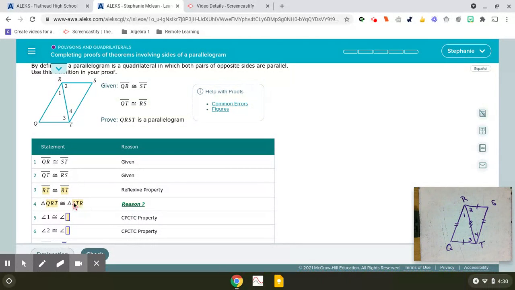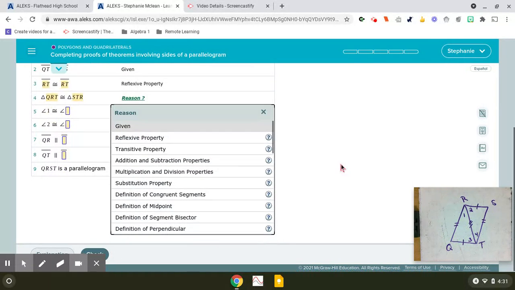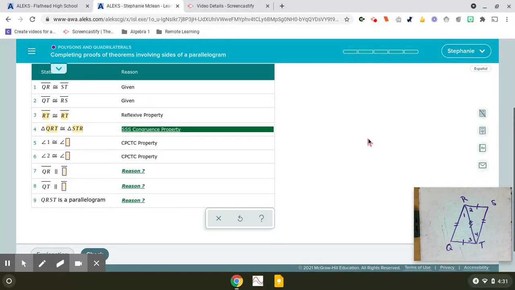You have to make sure that those vertices are in the right order or this will not work for you. Okay, we know that the two triangles are congruent because we have side, side, side. So we have the side, side, side congruence property.